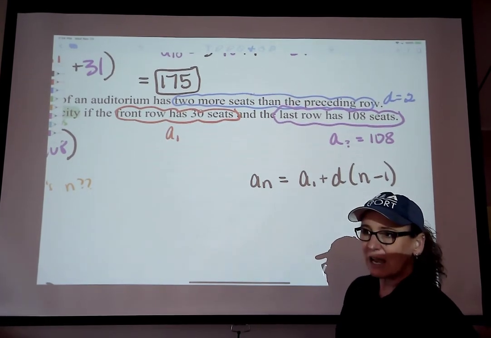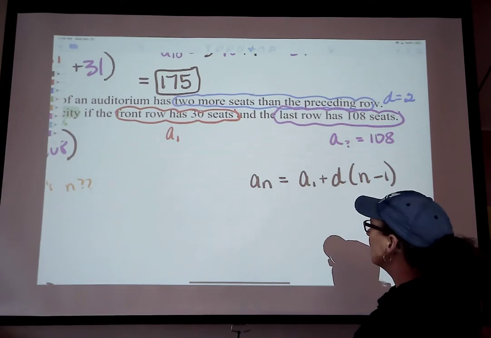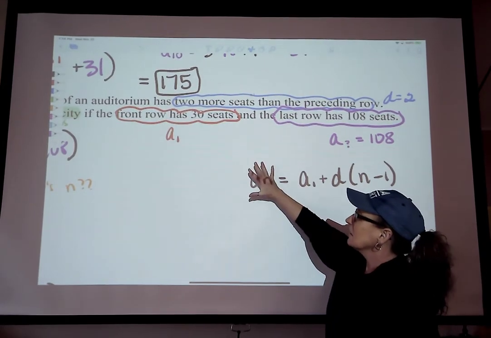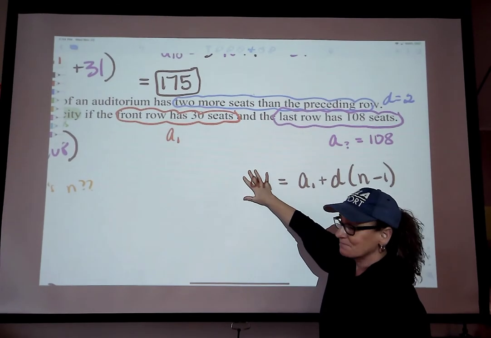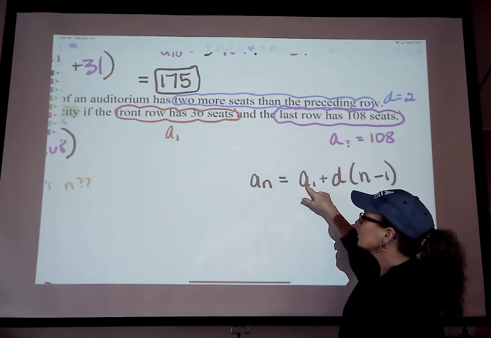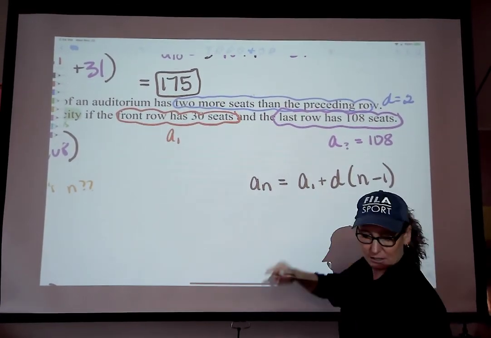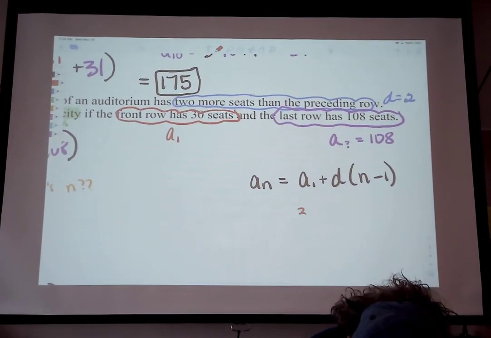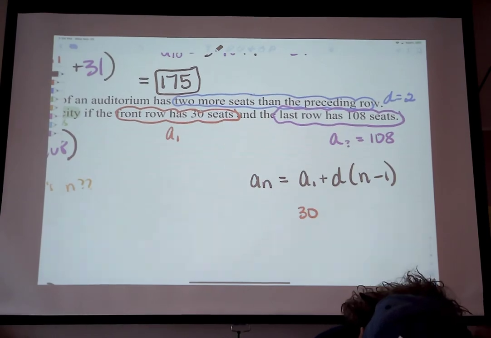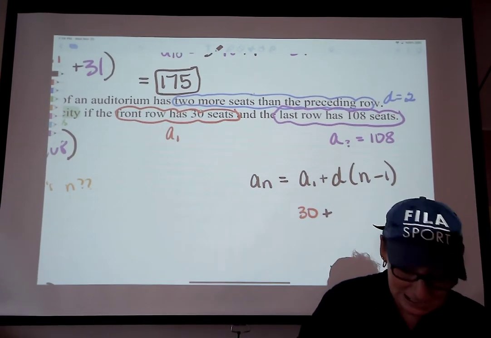What information do we have? What information do we need? Well, it says pick a term, any term. To get that term, you take your first term. I know that's 30. In fact, let me write it down. That's 30. Plus D. We know D. D is 2.